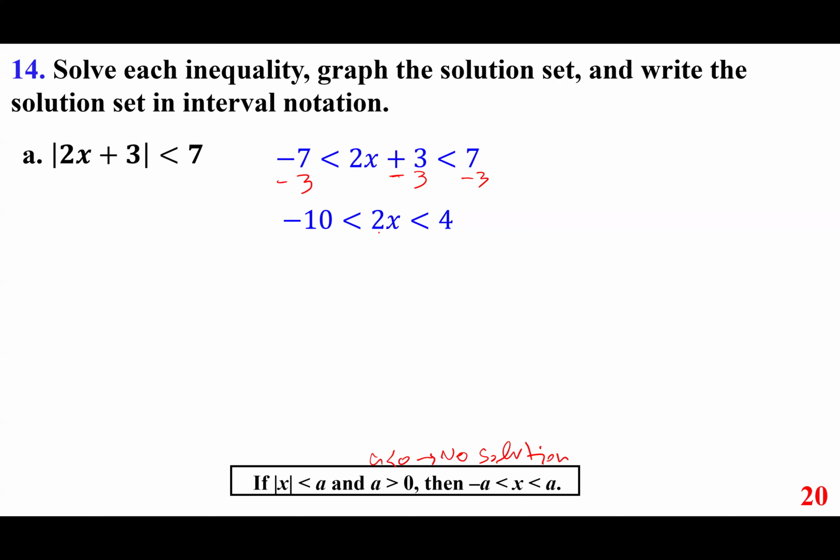Divide everything by 2. You get -5 less than x less than 2. This is the solution in an inequality format, everybody.